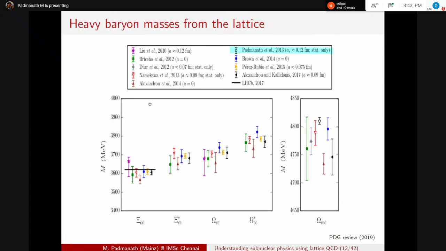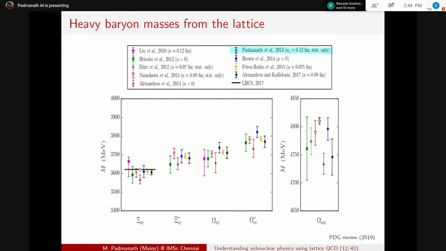Another example for such determination is the heavy baryon sector. I show this particular sector. There are also estimates for mesons, I just don't show them. I show heavy baryons because some of our determinations have also appeared in the PDG review. This is again a screenshot from the PDG review, and you can see these are for doubly charm and triply charm baryons.